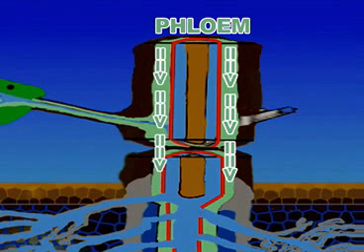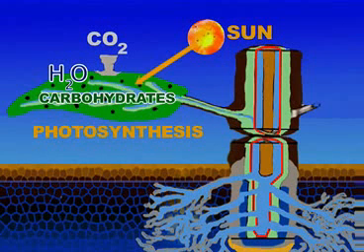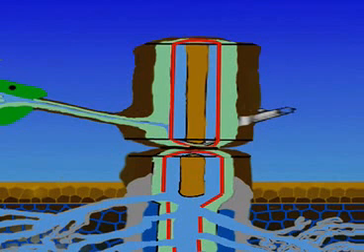So you've got the xylem cells carrying water upward from the soil, and you've got the phloem cells carrying the products of photosynthesis down from the leaves to distribute throughout the plant. So you've got xylem in the center, cambium, and phloem, and ultimately bark. So the tubular system, the vascular cells, that's the transport system of a living tree.